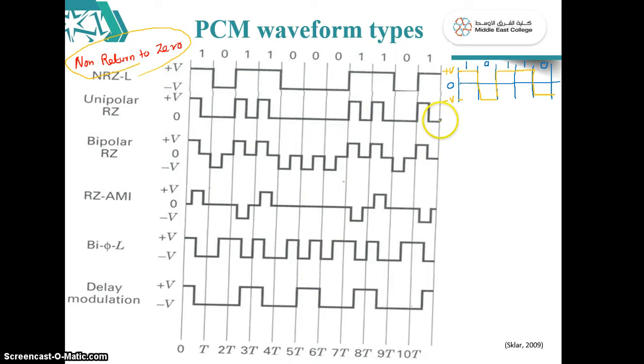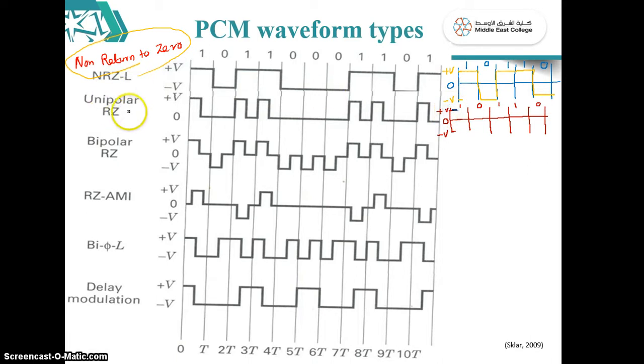Now we will see unipolar return to 0. Here again I represent the same sequence, 1 0 1 1 0. Since it is unipolar, we don't need minus V, only one polarity. A 1 is represented by plus voltage.